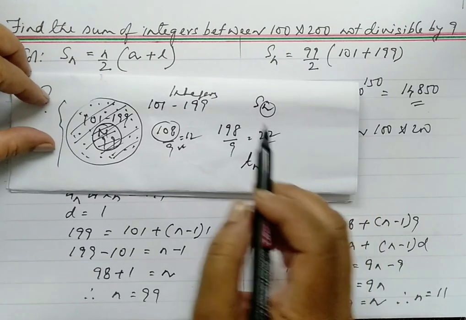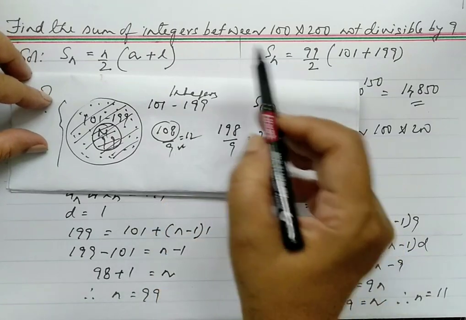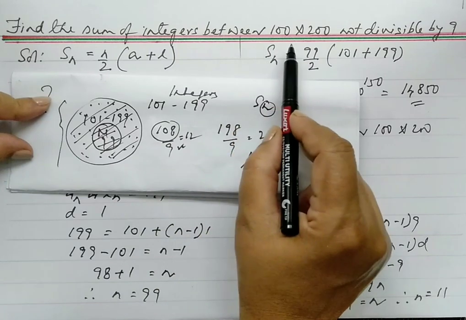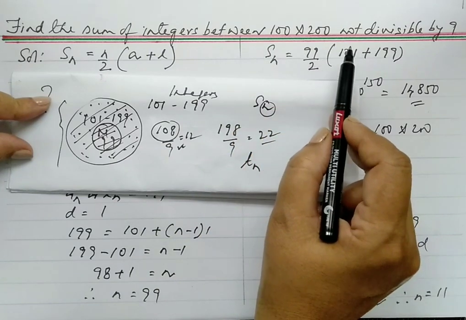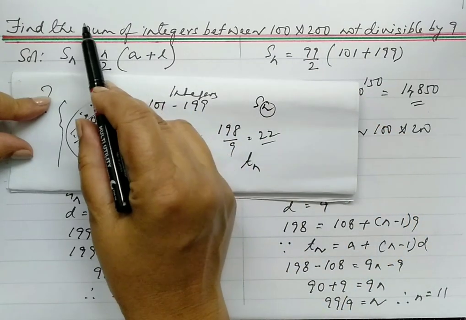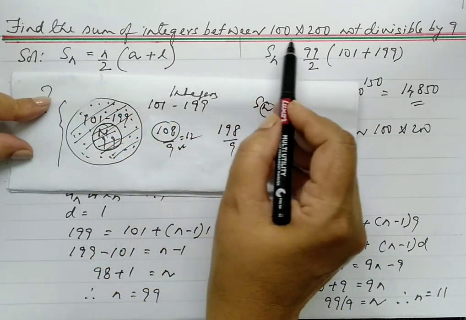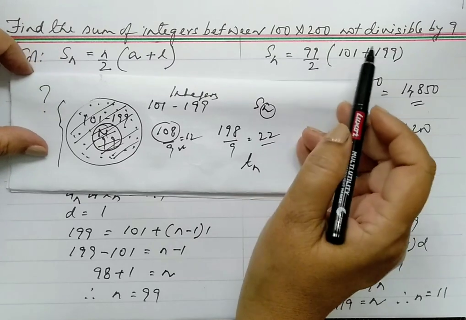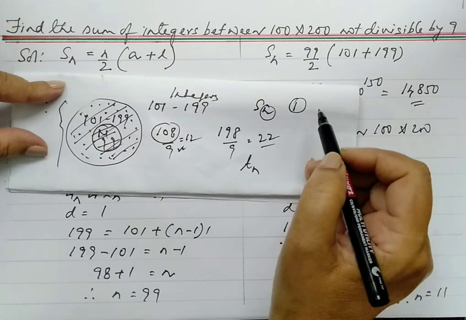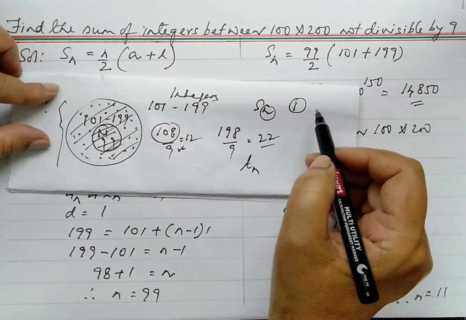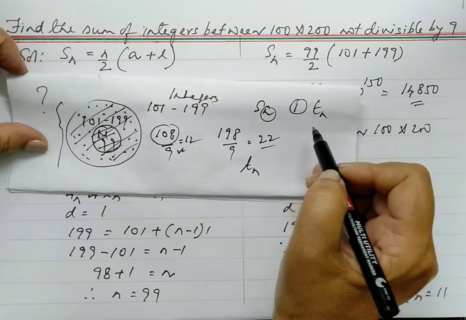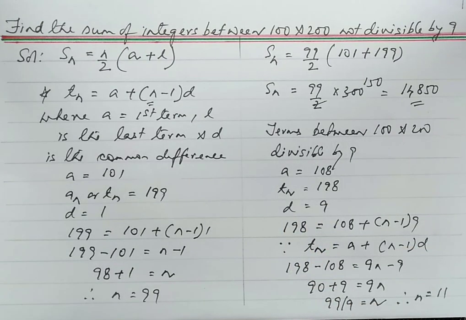And what is the last term when we are talking about the integers between 100 and 200? So integers between 100 and 200 will be my first step. So I have to find out my Tn first. Got it? Now let's do it.